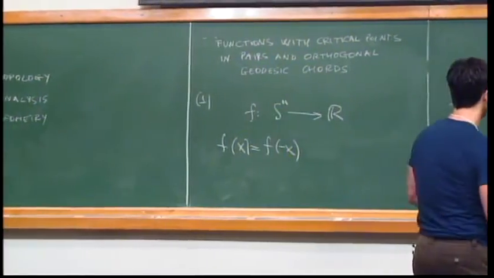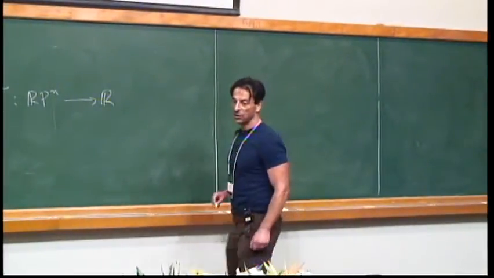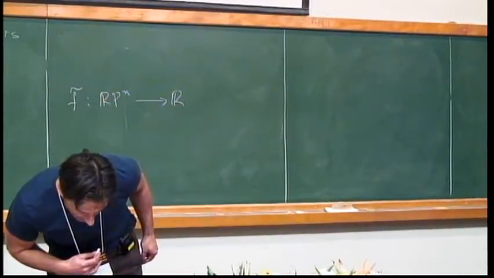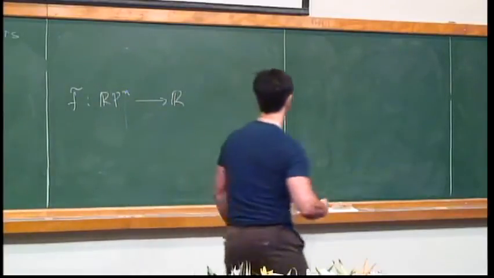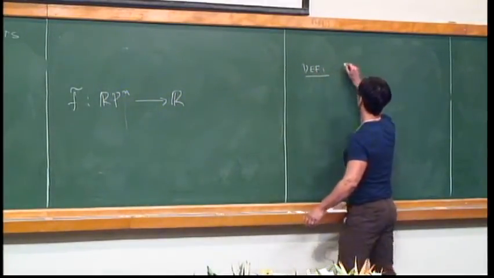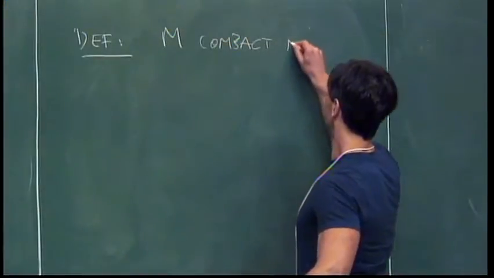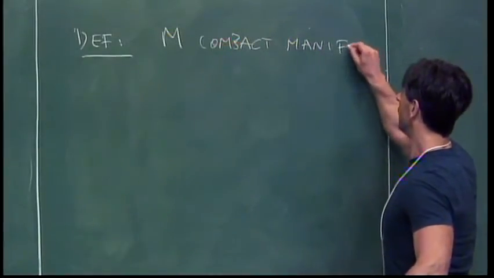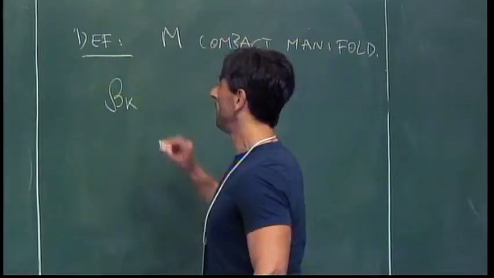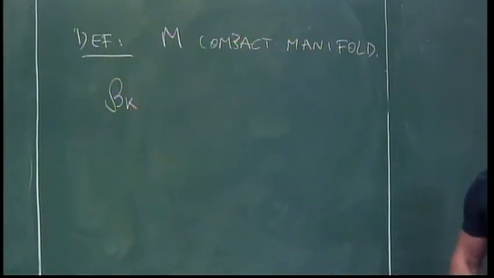even Morse function. Morse even functions. So let me tell you what a Morse even function is. Suppose that M is a compact manifold. Okay, you call beta k the kth Betti number of the manifold.